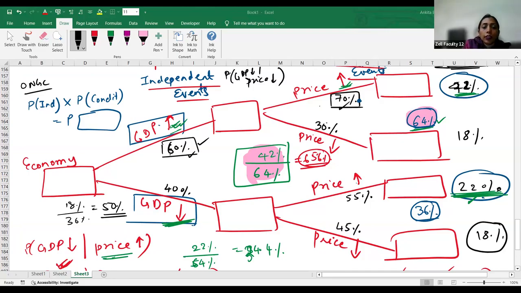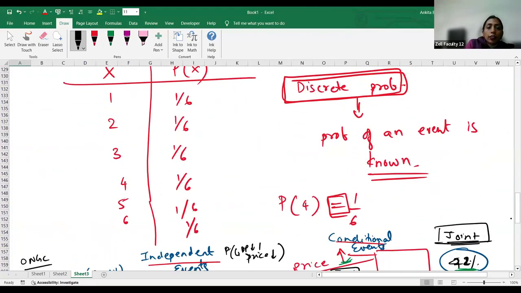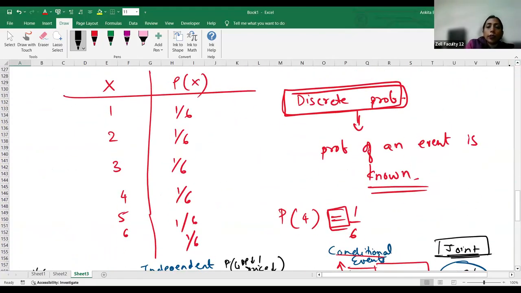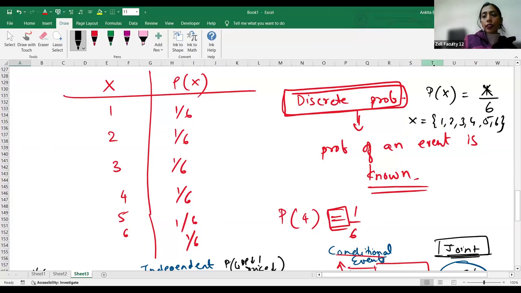Okay, now let me ask you this question. Suppose I give you this probability that I was showing. If I write it in the form of a function, I can write the probability of x is equal to 1 divided by 6, where x can take values 1, 2, 3, 4, 5, 6.